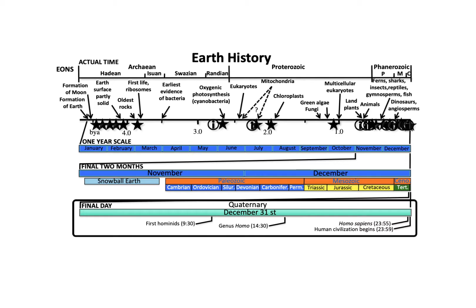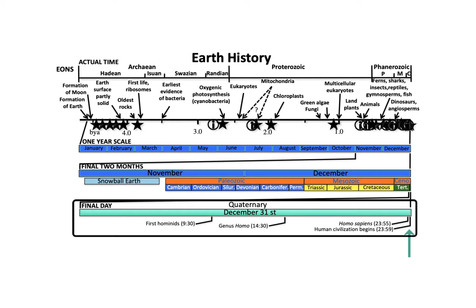And then we go into the final day here, December 31st, and you get the first hominids appearing at 9:30 in the morning. And the genus Homo appearing around 2:30 in the afternoon. And finally, Homo sapiens finally appears about 5 minutes before midnight.